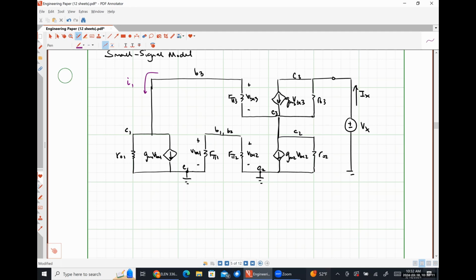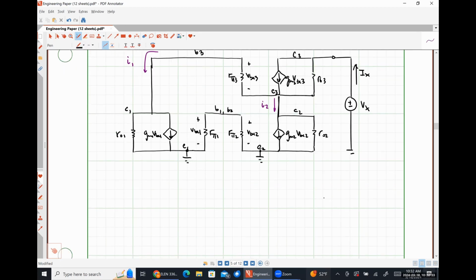That's just the portion of IX that splits off and flows towards transistor 1. And we'll call this current right here I2, which is just the portion of our test current that splits off and flows down through transistor 2. Okay. So from this, we can say that IX is simply I1 plus I2.